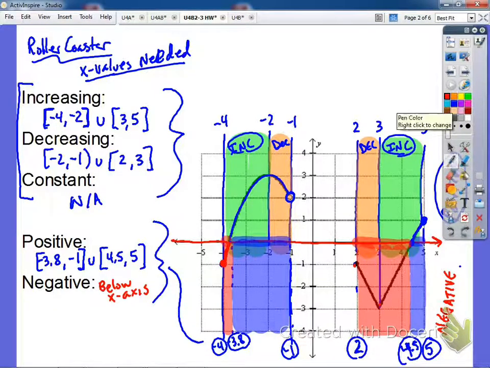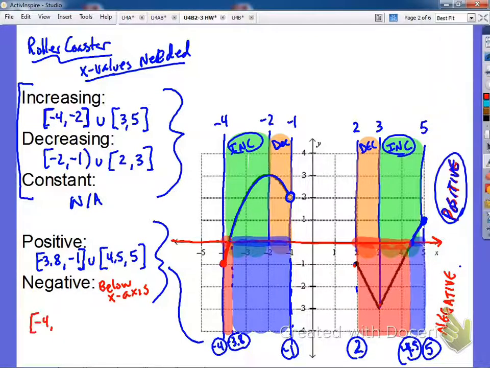Negative 4 and negative 3.7. Yeah, -4 to, we'll just say -3.8. And we're going to union that with the other section where it's below the x-axis, and that would be from 2 to positive 4.5.